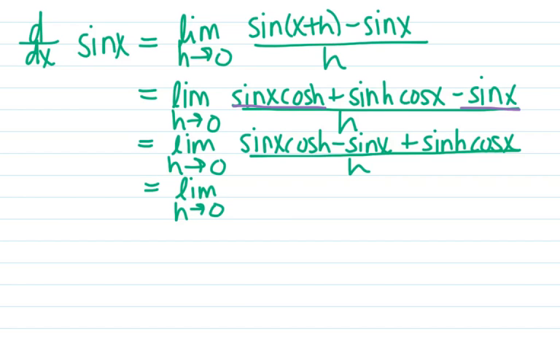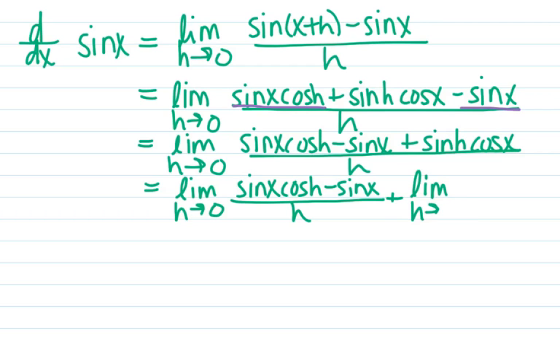So now I'm actually going to break it apart into two limits. This is one limit, and this one kind of on its own. So sine x cosine h minus sine x all over h. And over here, that's going to become its own separate limit of sine h cosine x.